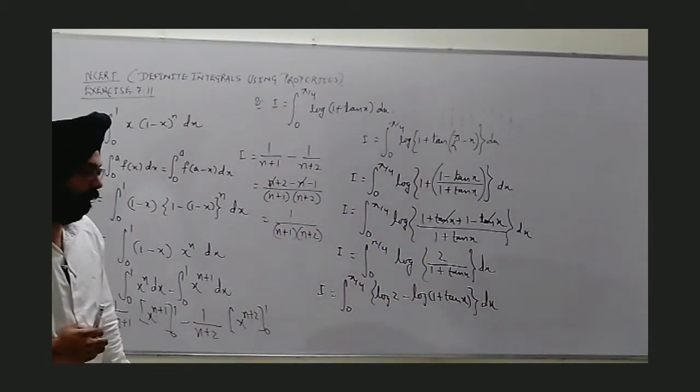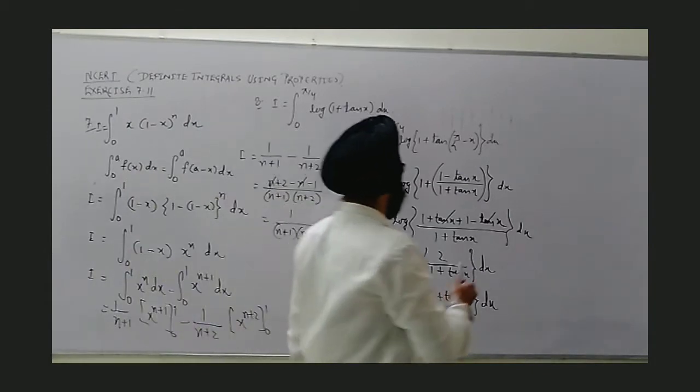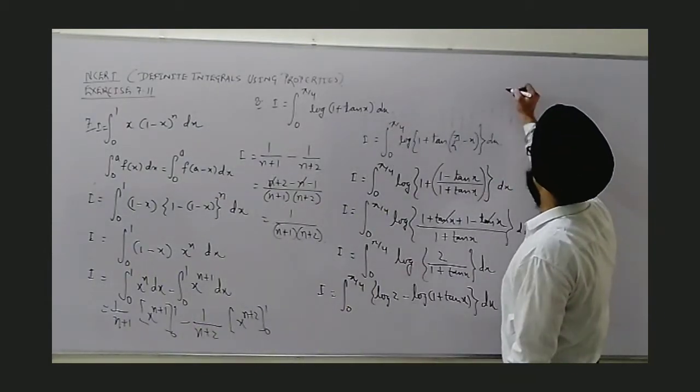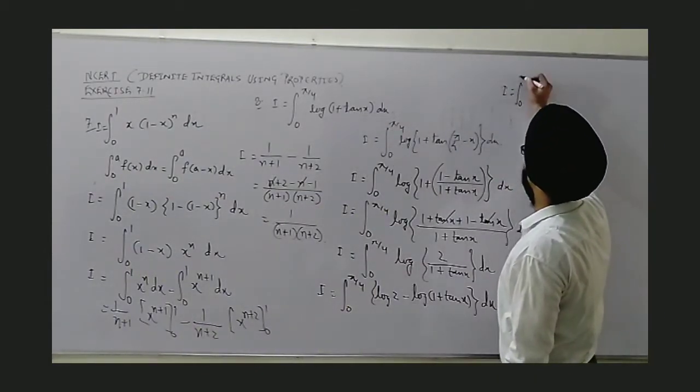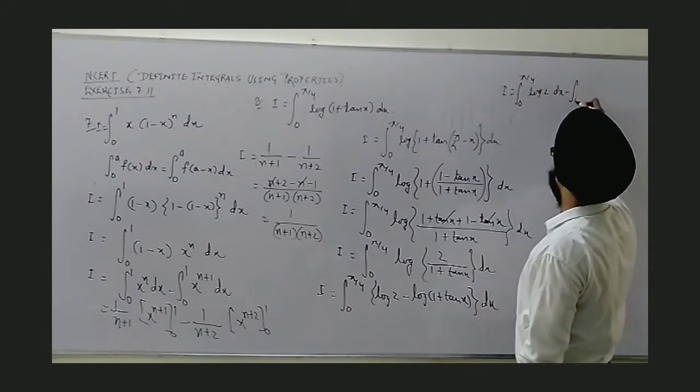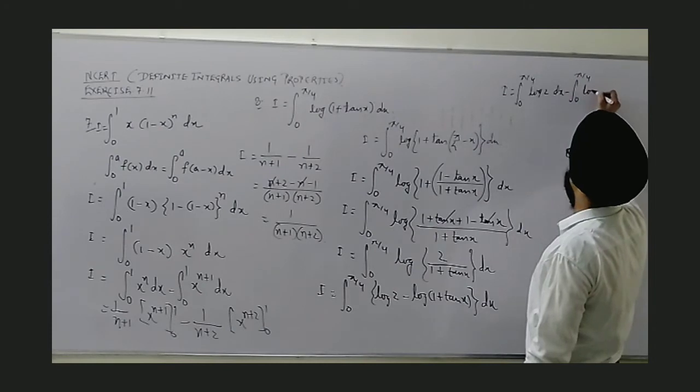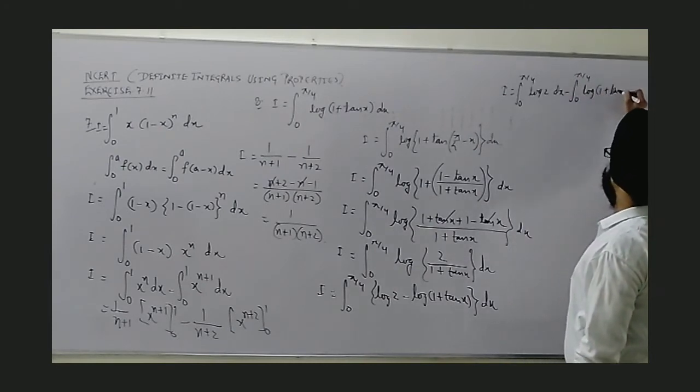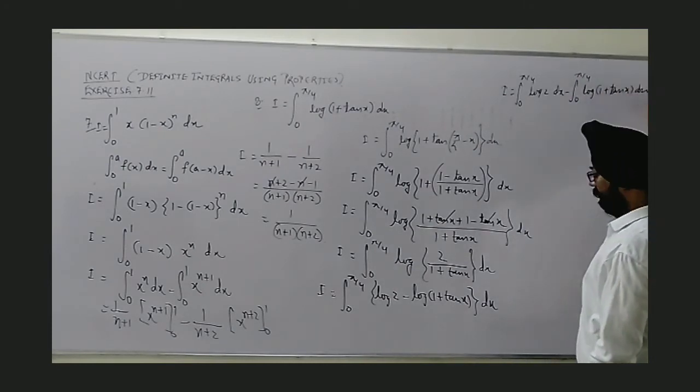Obviously, we have obtained two terms. We will open the bracket. We can write I as 0 to pi by 4 log of 2 dx minus 0 to pi by 4 log of 1 plus tan x dx.